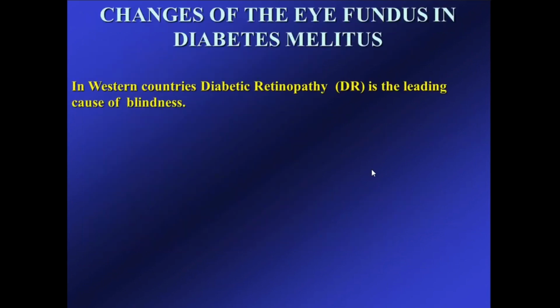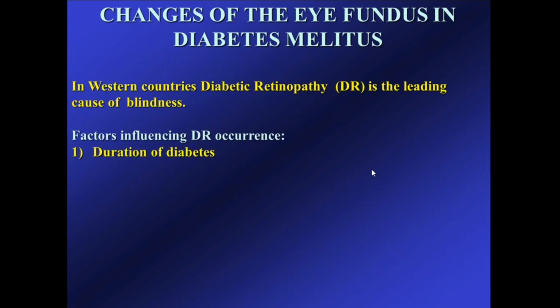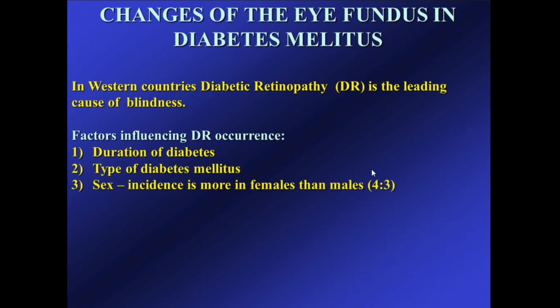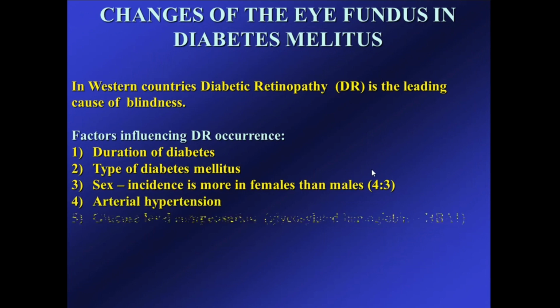Okay, so we have already finished the discussion of the changes of the eye fundus in arterial hypertension, and now we should speak about changes of the eye fundus in diabetes mellitus. I think that diabetes mellitus nowadays is like a non-infectious epidemic.